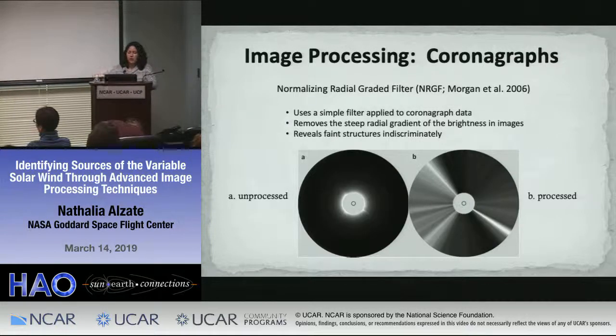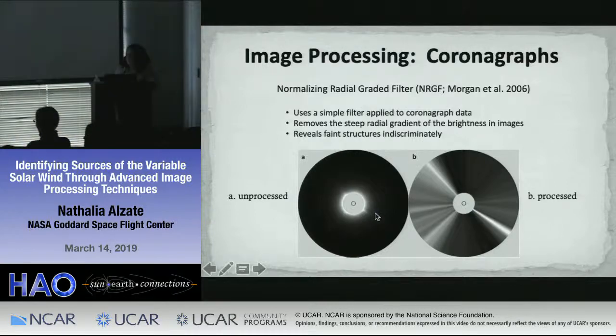This technique uses a simple filter that basically removes the steep radial gradient, so it reveals the radial structure of the corona. Here in the image, you can see an unprocessed one on the left, where you see that huge drop. It'll be better for later slides, yes.